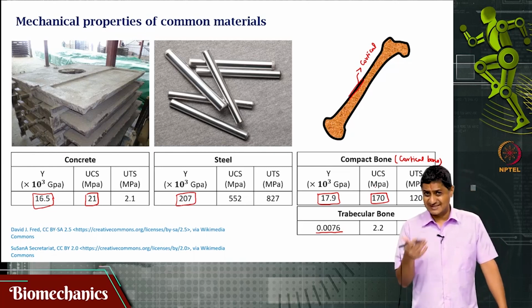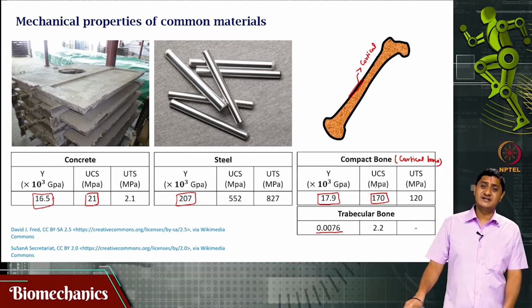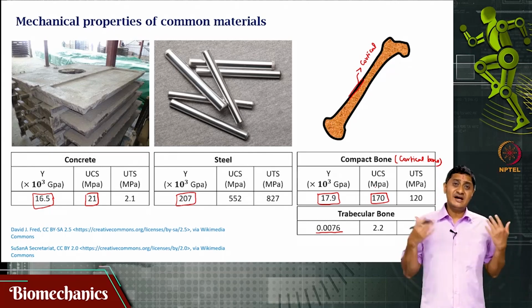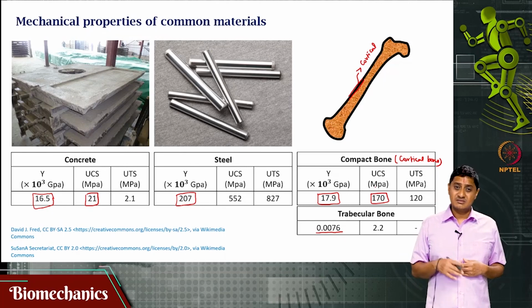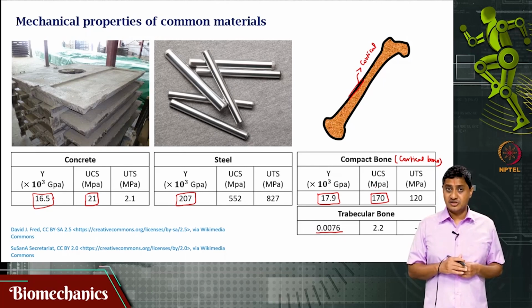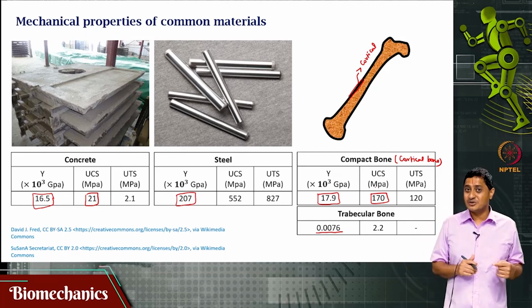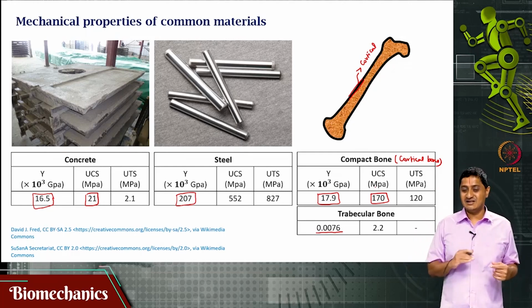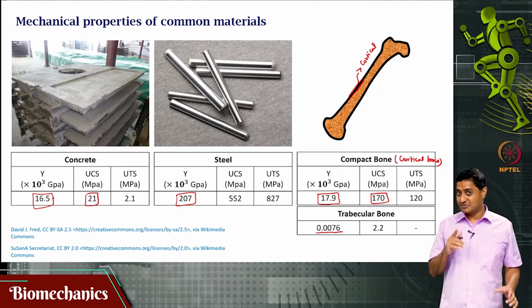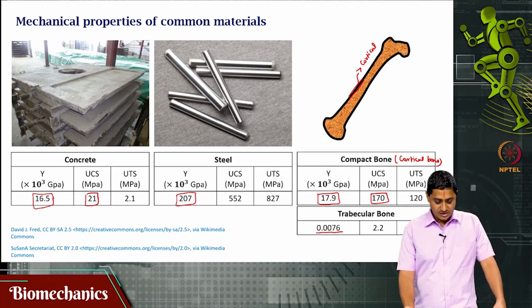Now, of course, we discussed this when we discussed the bone properties. We said that bones have very high strength in compression and much lesser strength in tension, and they are the weakest in shear, which is why many of the fractures happen due to shear stress or application of force in the shear direction. So, something to keep in mind, right.